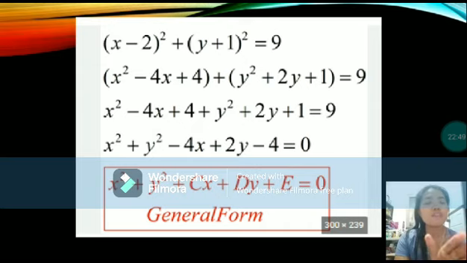And then you have there the guide that the general form follows the pattern x squared plus y squared plus cx plus dy plus e is equal to 0. So we have x squared plus y squared minus 4x plus 2y minus 4 equals 0, wherein our c, d, and e are constants. These are constant real numbers. Okay, I hope that is clear.